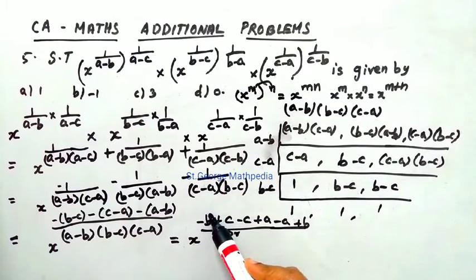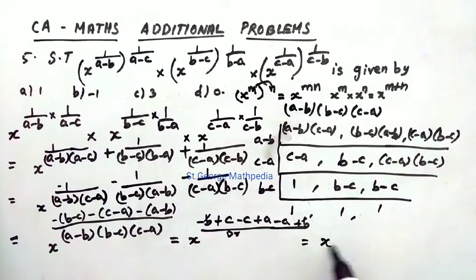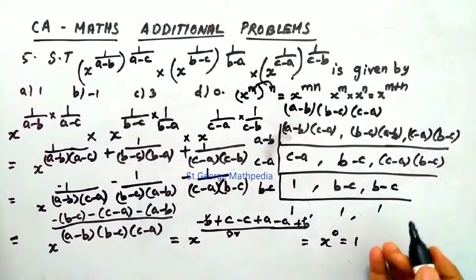Now minus b plus b gets cancelled, minus a plus a gets cancelled, minus c plus c gets cancelled. This is equal to x to the power of 0 by the denominator. 0 by anything is 0. x power 0 is 1. Any number to the power 0 is 1.